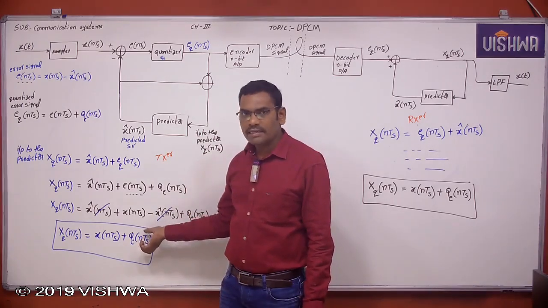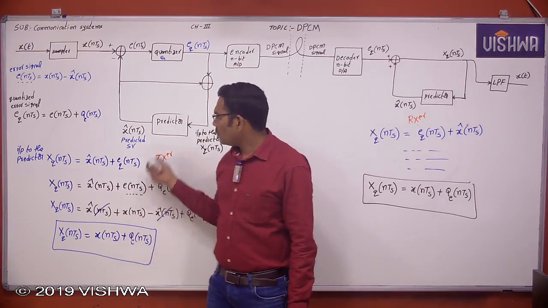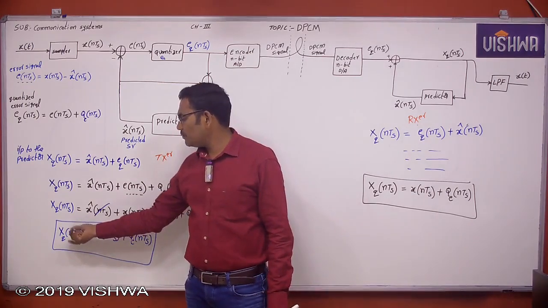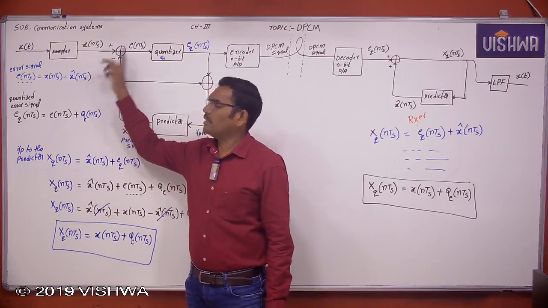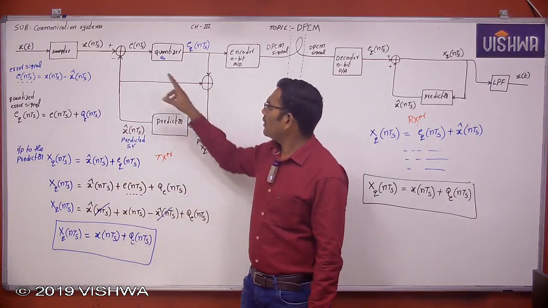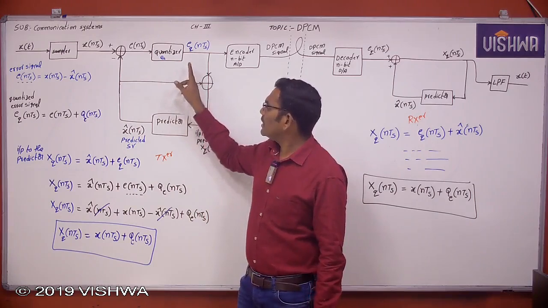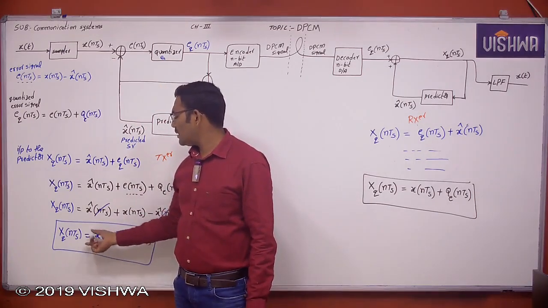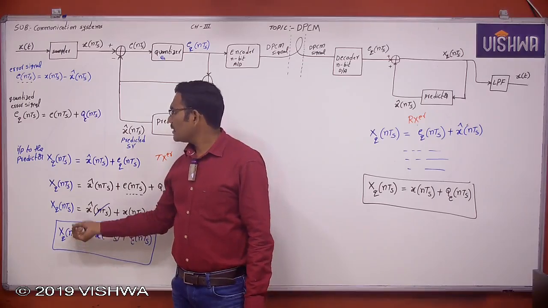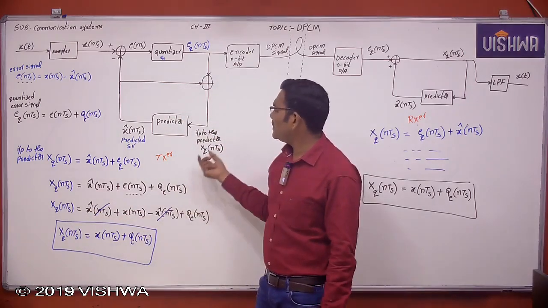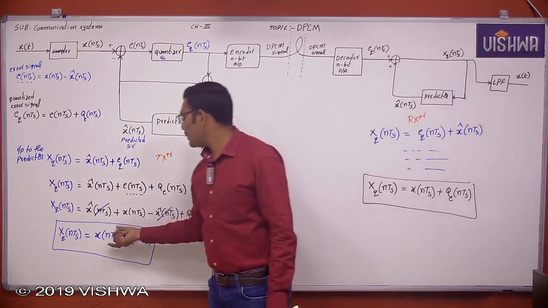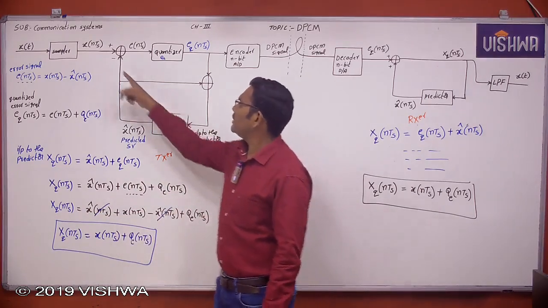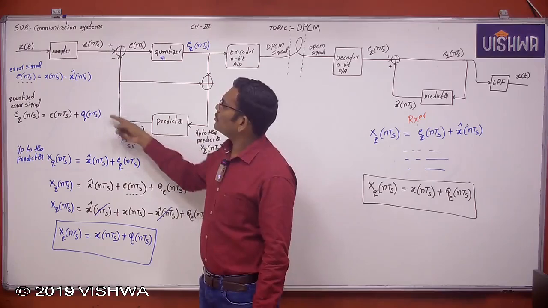If your quantization error is 0, now the quantized sample value is the same as the original sample value. Both will be the same. The input to the predictor is nothing but the original sample value. So again this is the original sample value, in this way also the original sample value.